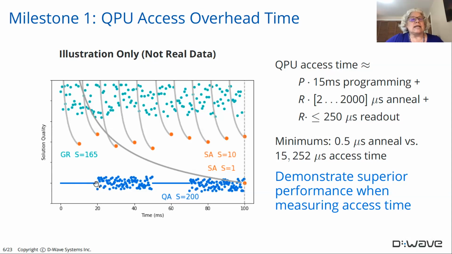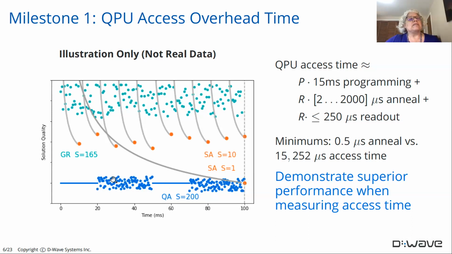But that's a big time in these problem domains that we're interested in, and it's just sitting there programming the chip, and then boom, boom, boom, boom, boom, you can get a lot of anneal readouts, and each dot here in my diagram, the width of a dot is about half QPU time and half readout time if you set them both to about 200 microseconds. So the actual anneal times are very short, and so you can get a lot once you've gotten past that programming time.